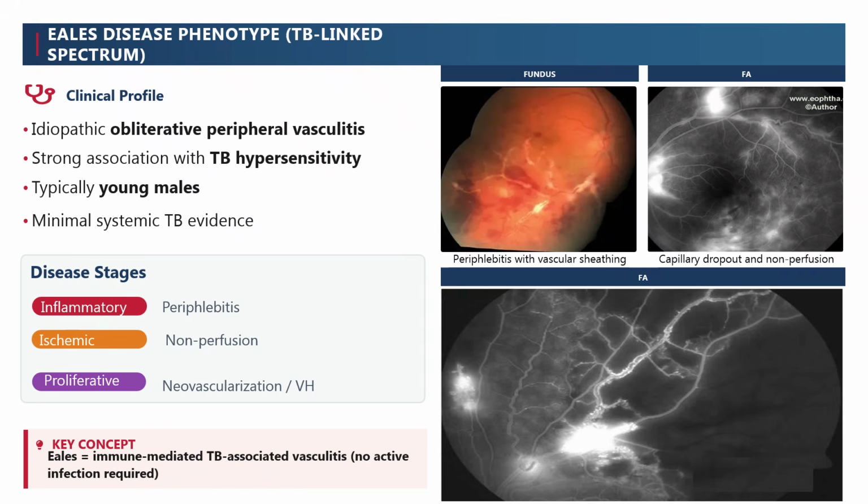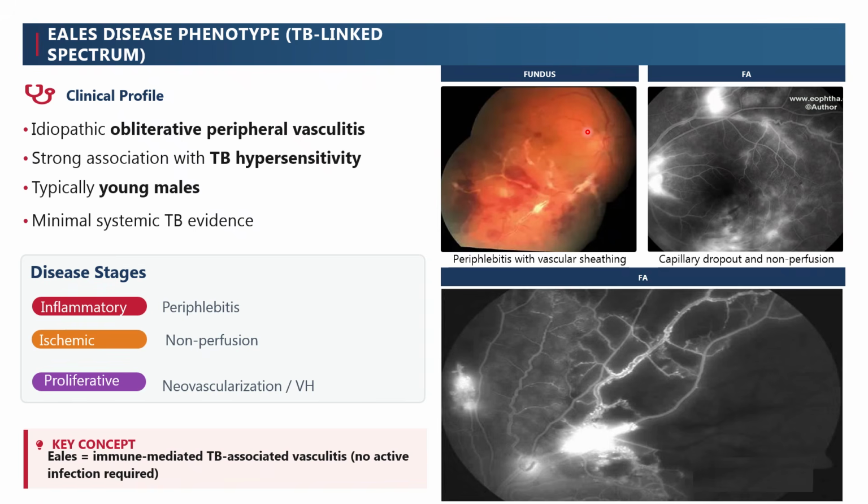Now we come to the other phenotypic presentation of tuberculosis. It presents as Eales-like disease. Now you know that there is one idiopathic variety known as Eales disease, and now TB is thought to be a sub-variety of idiopathic Eales disease, or to have a special phenotypic presentation.